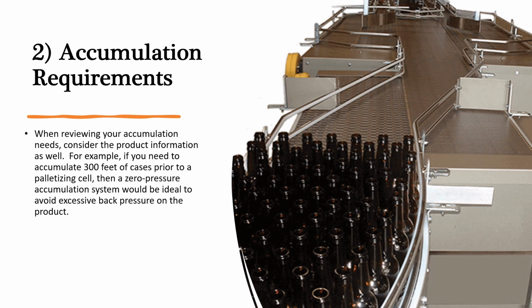But we should know whether we want this or not, because if we consider accumulation, we should select the conveyor accordingly, because the load will be there on the conveyor. So how much accumulation there is, and for how much length, are all important parameters.